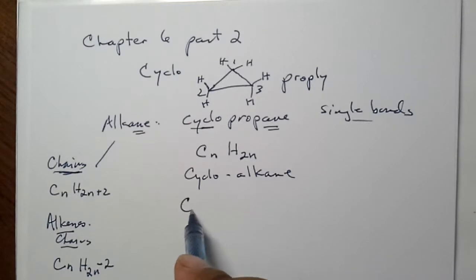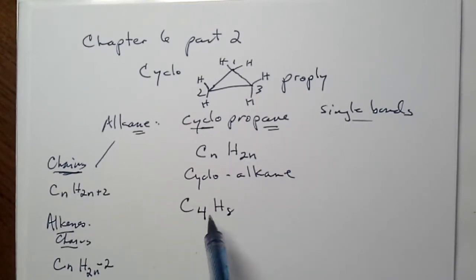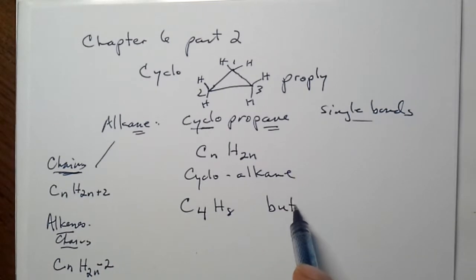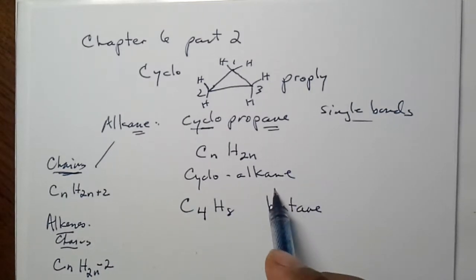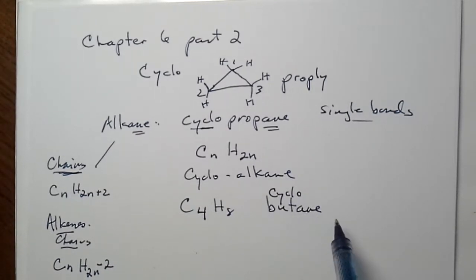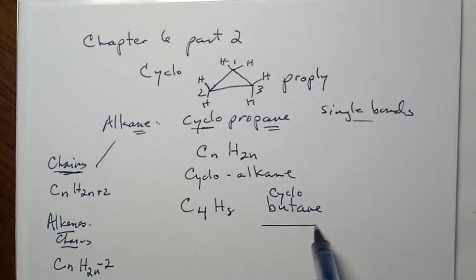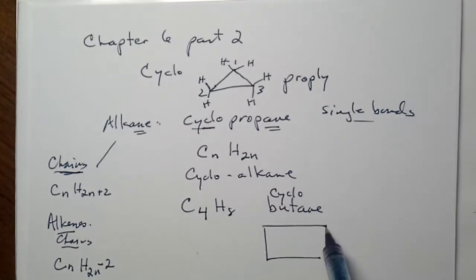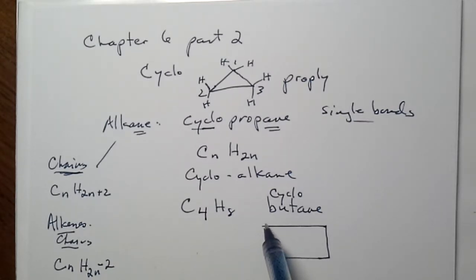Alright, some of those examples are C4H8, C4, and then 2 times 4 is 8. We have butane, or actually cyclobutane, and that simply looks like a square, a rectangle, primarily a square, because the distance between each carbon and hydrogen is the same.